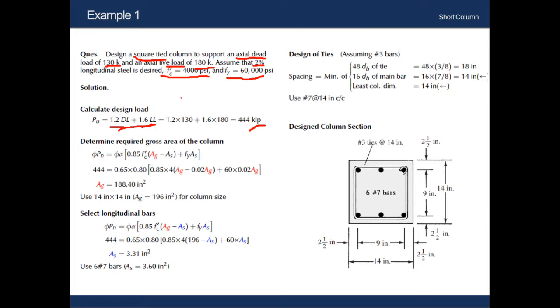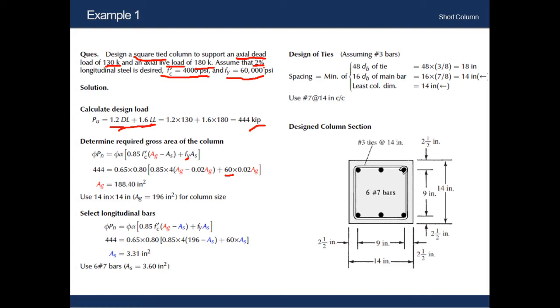And the value of fc prime is given as 4000 psi. As we are plugging the value of ultimate load as kip or kilopound, so we need to plug the value of fc prime as ksi. So we need to convert it to ksi, which is 4 ksi. 4 we have plugged here, and the value of fy we have plugged as 60, converting it into ksi.